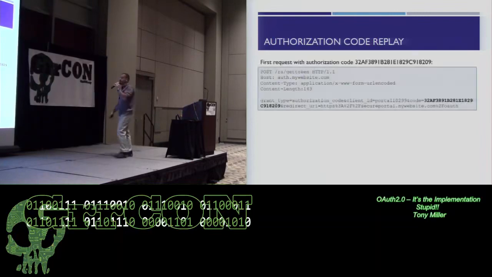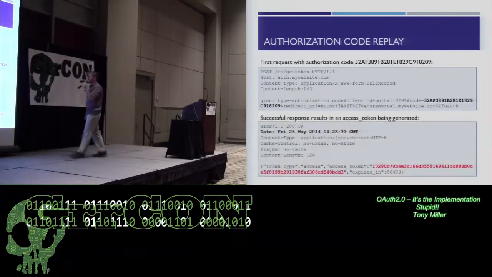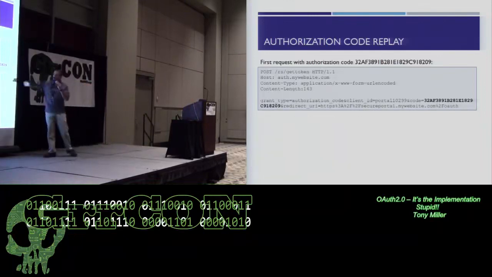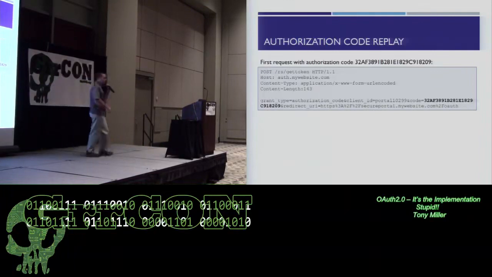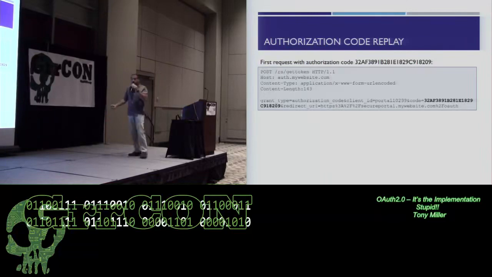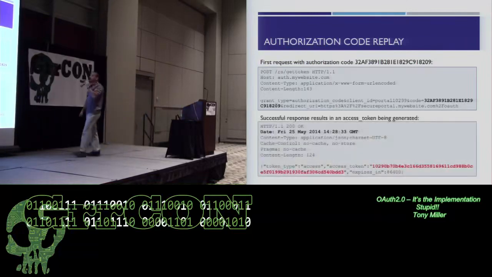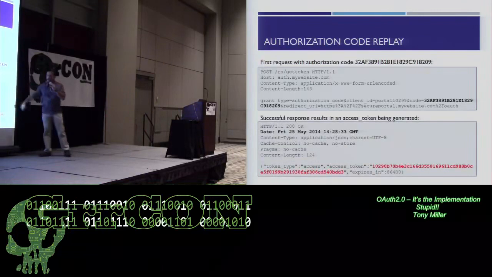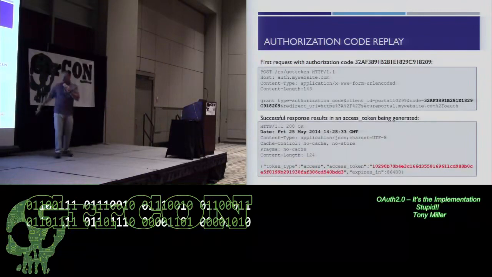So what's happening, and I can't believe we're doing this, but we are still seeing this, is, all right, here's my first request. I go in. In this case, I was looking at somebody's client and their interaction with the authentication server, because they actually wanted me to look at their OAuth implementation, which was cool, good idea. And so the first request goes through fine. Great. It assigns an access token here.